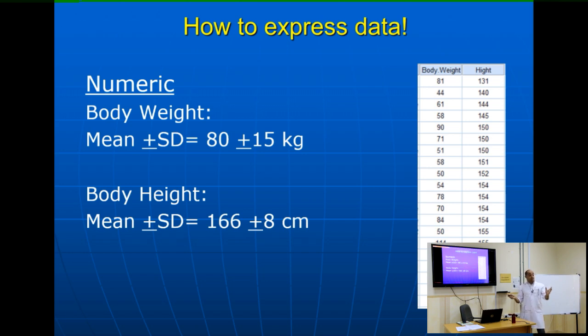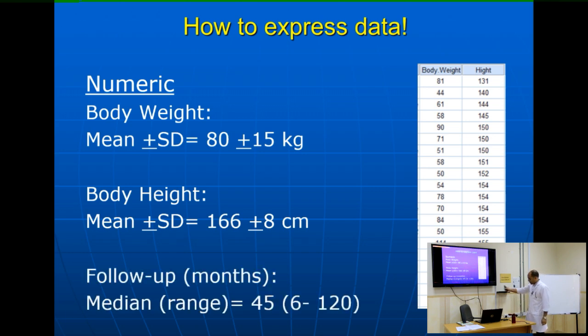If the data is, look to the next data. So the range, the median between 6 and, very wide range. So I expressed here by median and range. Okay? So just to put in your mind, normally distributed data, the expression is mean and standard deviation.